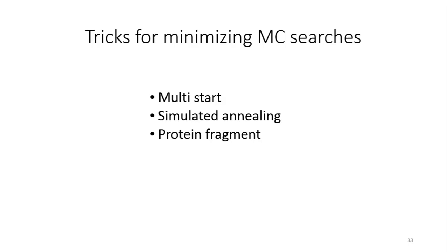Today we will first discuss the tricks that can be used to minimize these Monte Carlo searches, and then we will discuss the features of the scoring function that was developed. The three tricks known to minimize the Monte Carlo searches are multistarting, simulated annealing, and using protein fragments. Let's discuss how these tricks help us minimize the number of Monte Carlo searches.